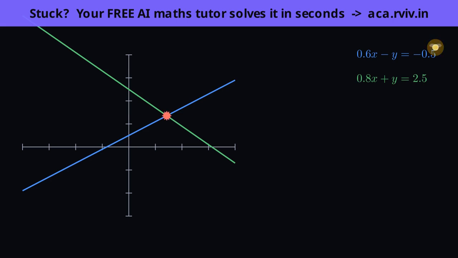So if we want an x and a y that obey both equations at the same time, we are hunting for a point that lives on both lines at once. And where do two lines share a point? Only where they cross. So solving a pair of equations isn't some separate algebra trick. It's just asking, geometrically, where do these two lines meet? That single crossing point, right there, is the answer.